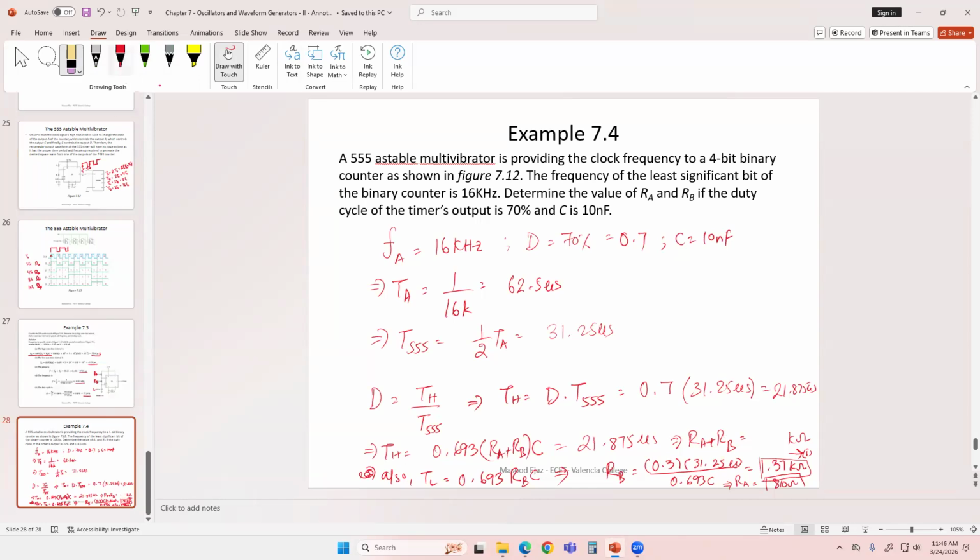Is RB the same? Is RB 1.37 or what? 1.35? 1.35 kilo ohm is RB, which will give RA to be what, 2 point something? 1.8? 1.8.